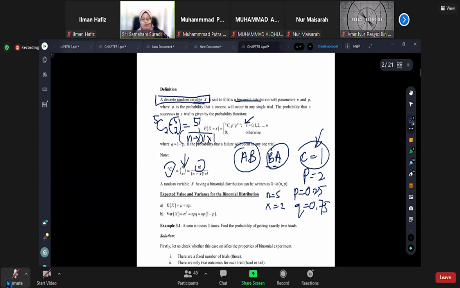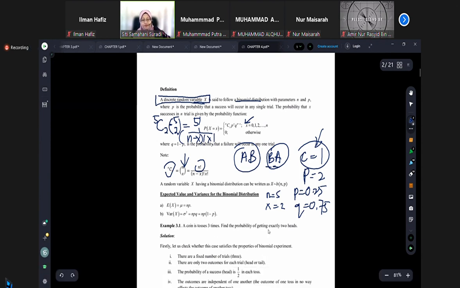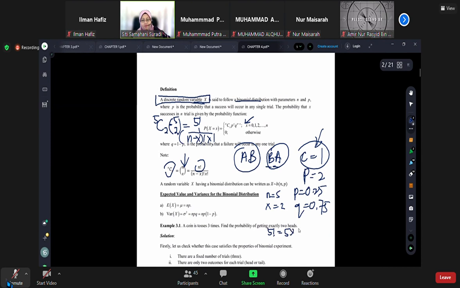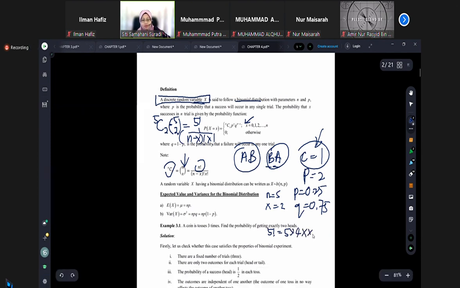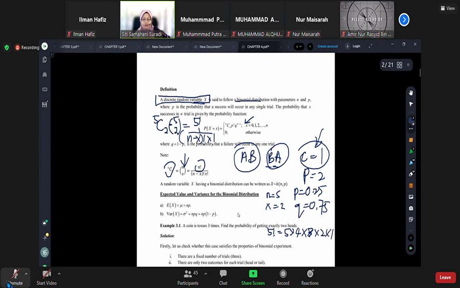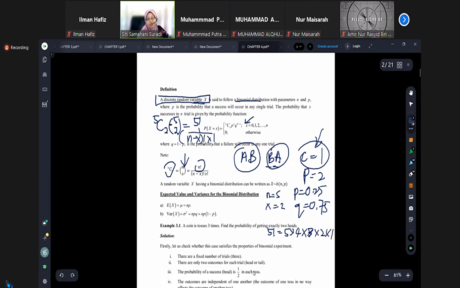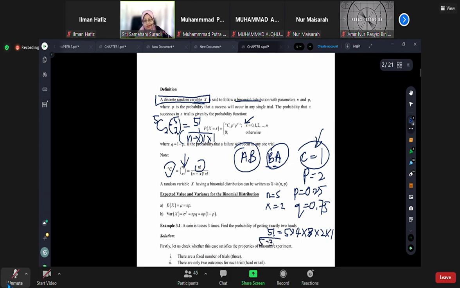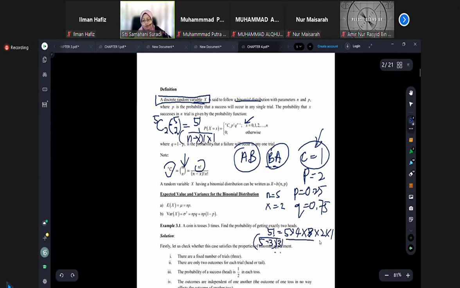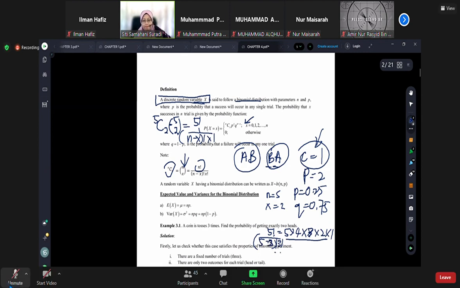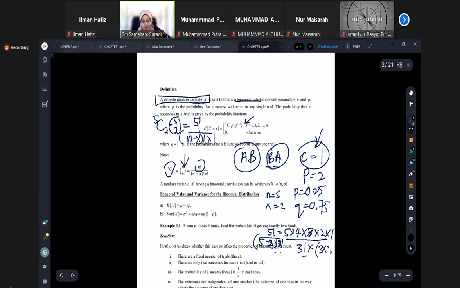So I need to write it down here. 5 factorial means 5 times 4 times 3 times 2 times 1, divided by n minus x, that is 5 minus 2, which is 3 factorial, multiplied by x factorial, 2 factorial. Sorry, not 3, it is 5 minus 2 equals 3, so we have 3 factorial, multiplied by 2 factorial. You can cancel: the 3 factorial above and below is the same.